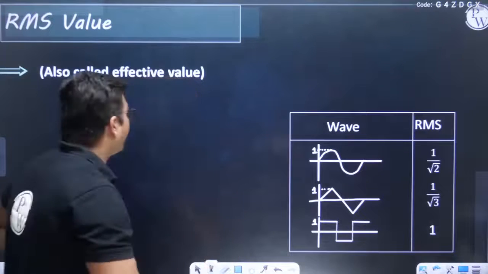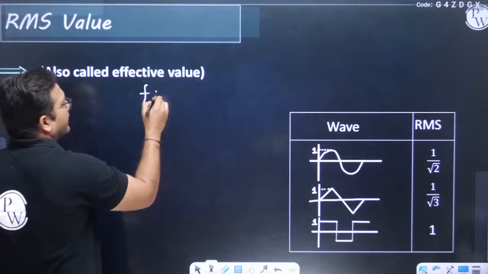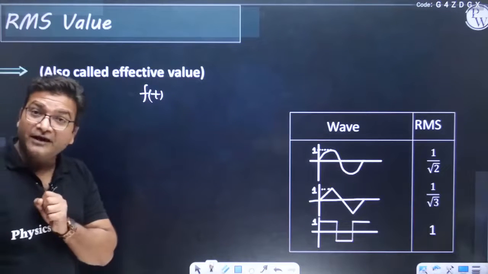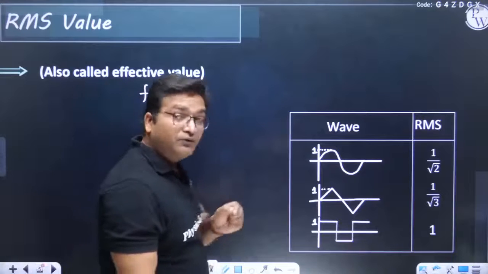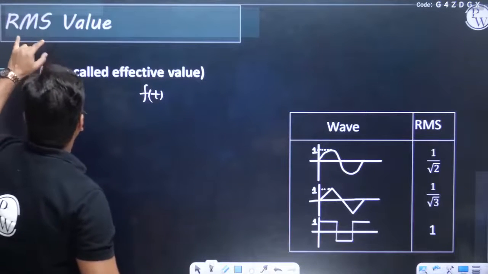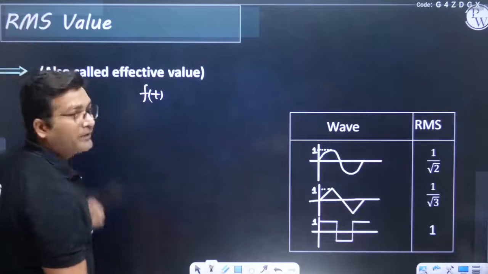So suppose you have a function f(t) and you want to calculate its RMS value from 0 to T. The value of RMS is actually root of mean of squares.